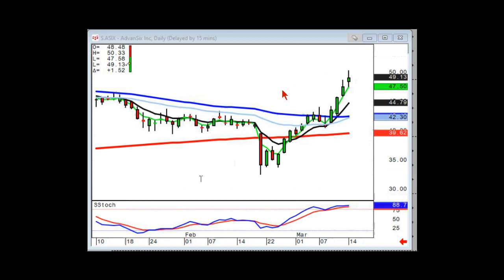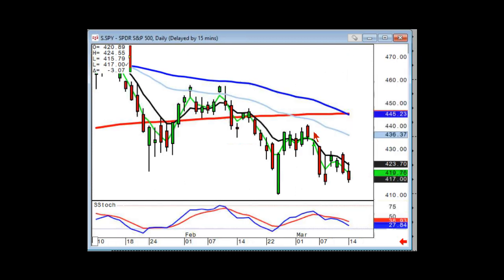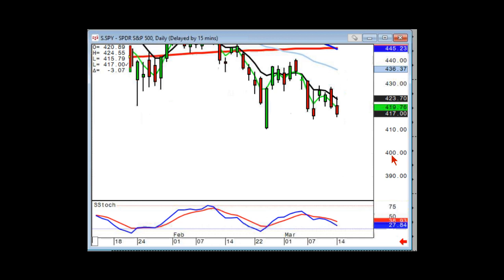I'm going to backtrack here because, Doug, I saw your question earlier. Is it too late to short the S&P? Remember what our criteria would have been?